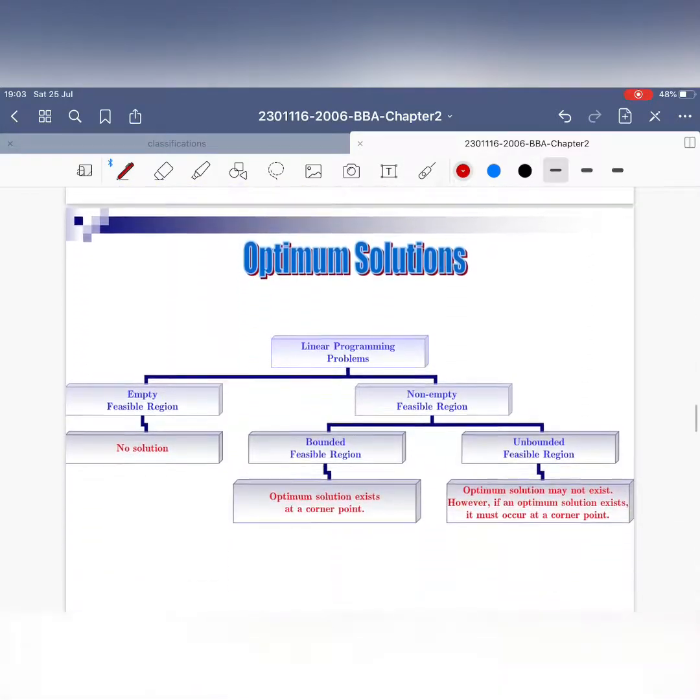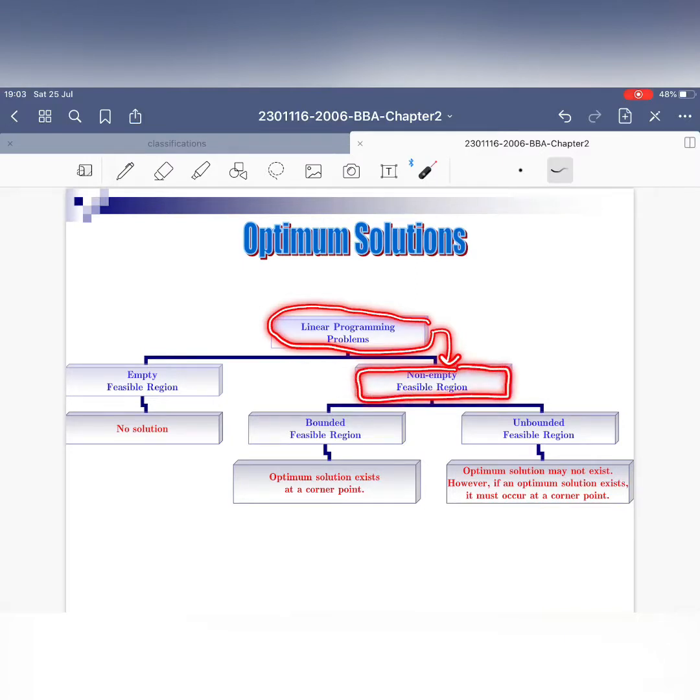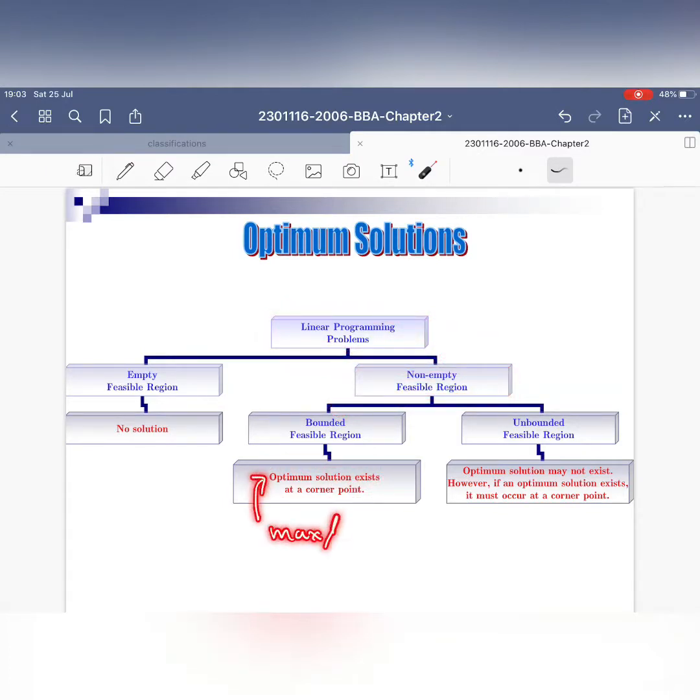So to find the optimum solution, given a linear programming problem, you are going to draw a region. Usually what we encounter is a non-empty feasible region. If it is bounded, then the optimum solution always exists at a corner point. By optimum, it can be either max or min, depending on your problem.